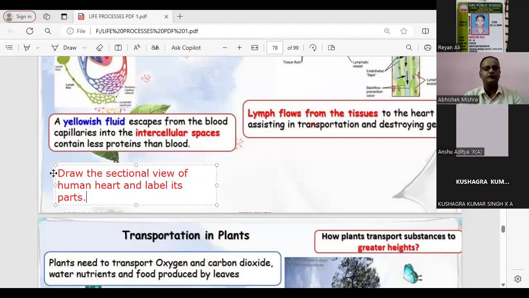Draw the sectional view of the human heart and label its parts. Okay, all of you, this is an assignment for you all.